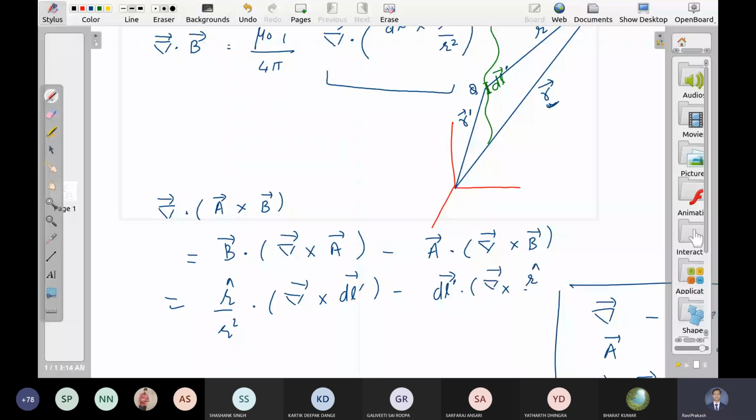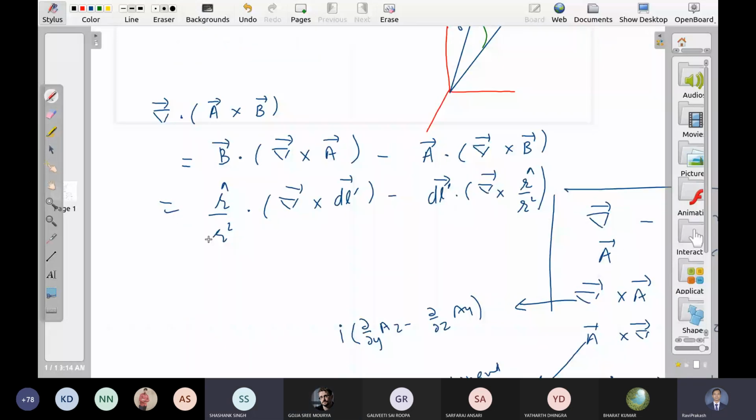Can anyone tell me what is the answer of the first term? Sir, 0. Why? 0, sir. 0, but why? Sir, del is due to unprimed and dl bar is due to primed.